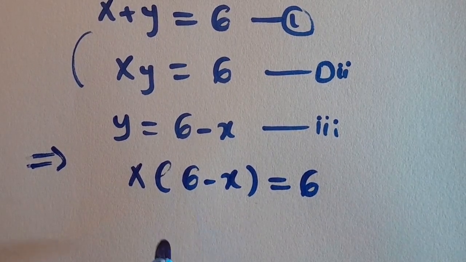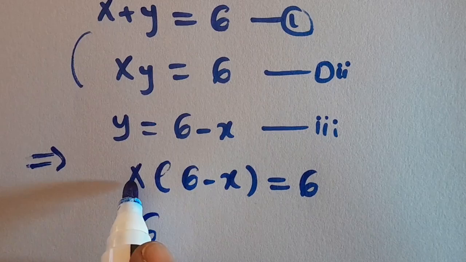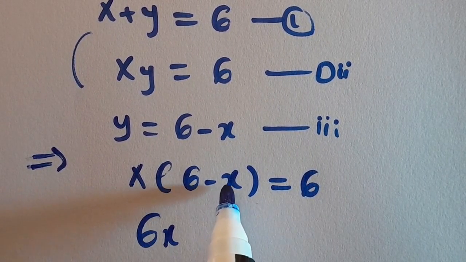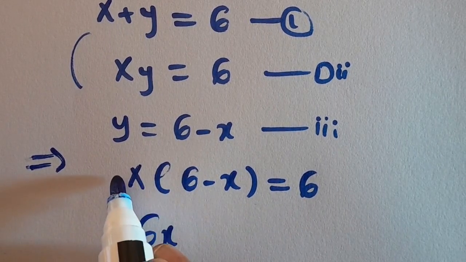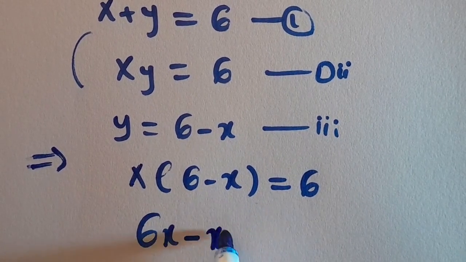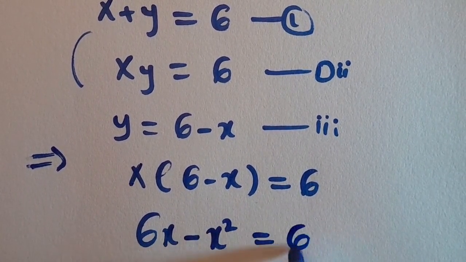By opening the bracket, x times 6 will give us 6x. x times x will be x squared, but we have plus multiplied by minus, so it is minus x squared, equals 6.